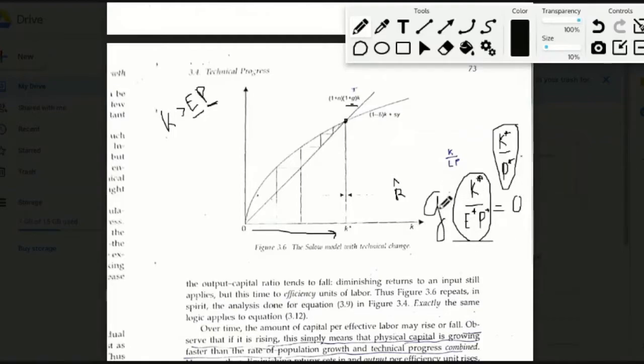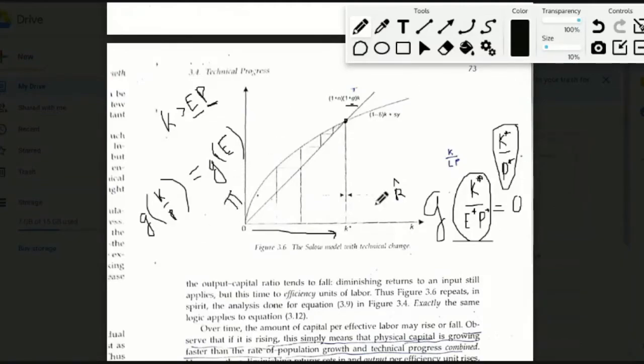But if I had to look at the growth rate of capital per capita alone, so suppose I only want to look at the growth rate of K by P, then I know that this is growing at the rate of growth of E, which is technical progress. So if I have to single out the growth rate of capital per capita here, then I know from this reformulation, I can say that the growth rate is equal to the growth rate of efficiency, which is nothing but technical progress.